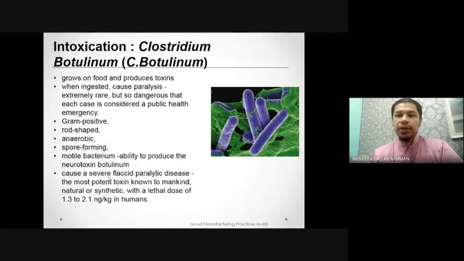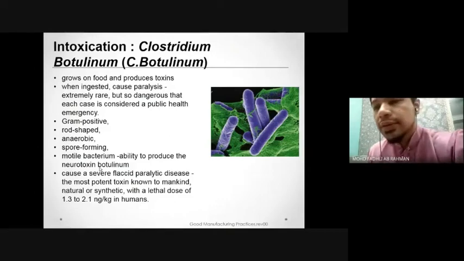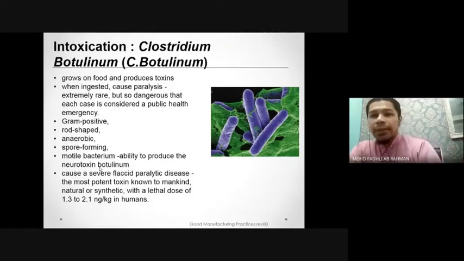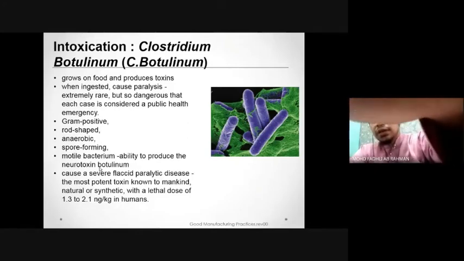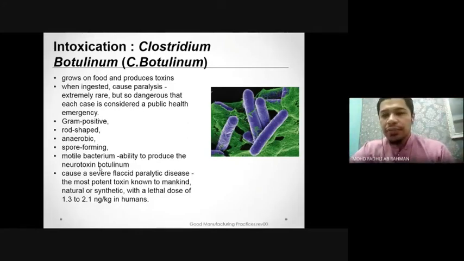Okay, the second mode we call intoxication, in which these microbes release toxin into the food. The first microbe involved in intoxication mode is Clostridium botulinum, or C. botulinum, one of the most dangerous pathogenic bacteria.